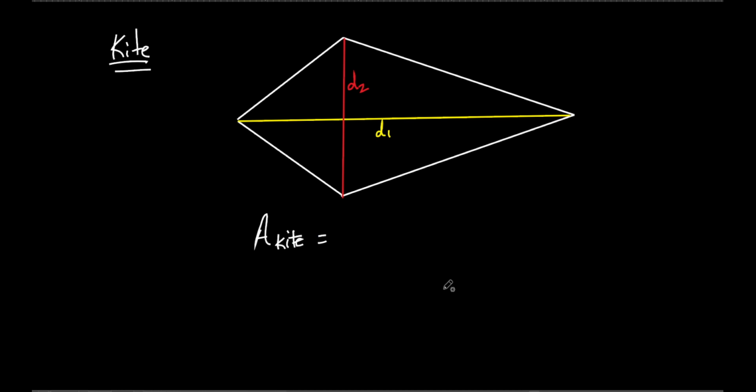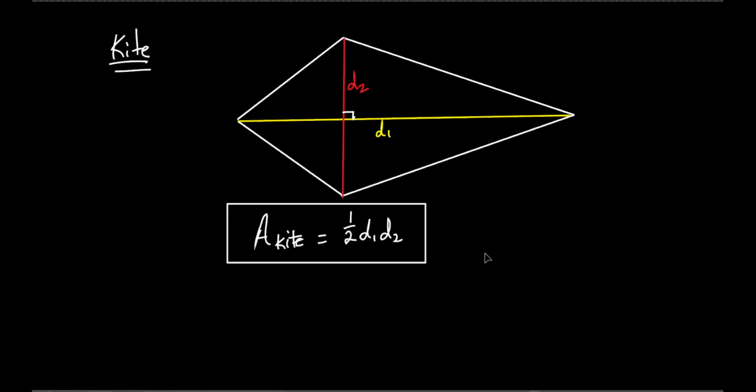That's why I put the diagonals in there. And what's true about the diagonals of a kite? They are perpendicular. Remember that? And here it is. It's 1/2 D1 D2. So you multiply the two diagonals together. If you know the lengths of both of those diagonals, you multiply them together, and then you just take half of it. Couldn't be easier, could it?